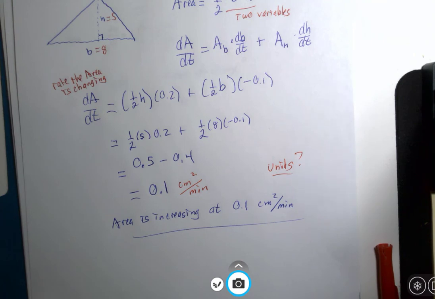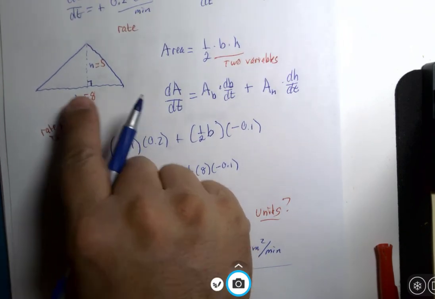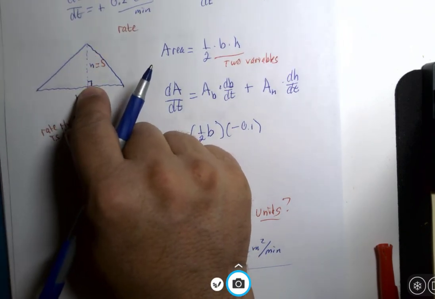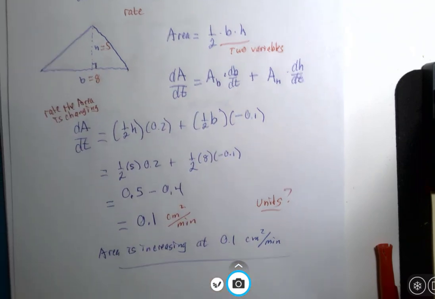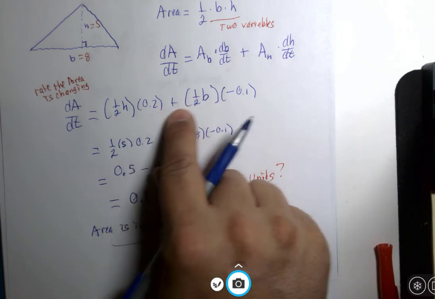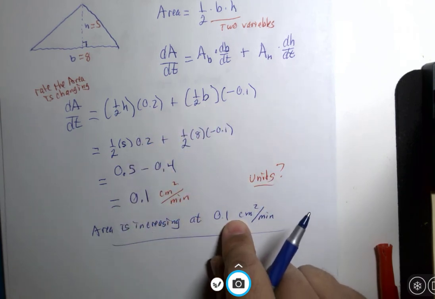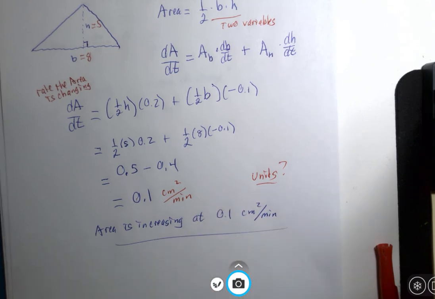That's what it means. If we allow this story to continue, eventually the height is going to shrink down to nothing. But we use the chain rule to fill in the given information to actually find a measured rate. Stay tuned, we'll try another example.